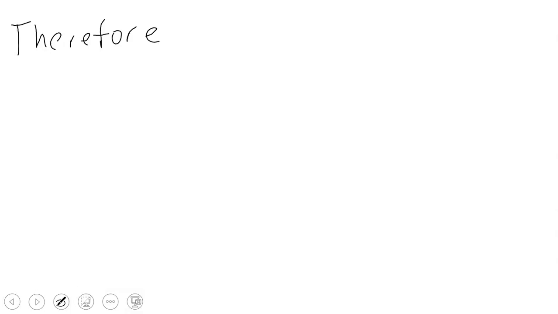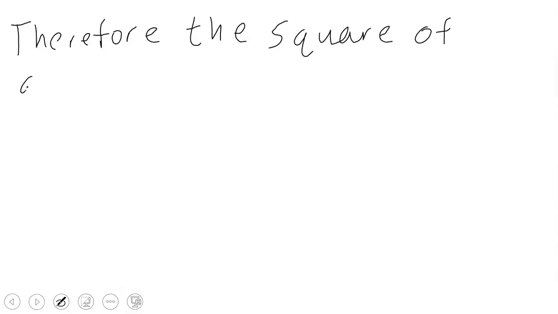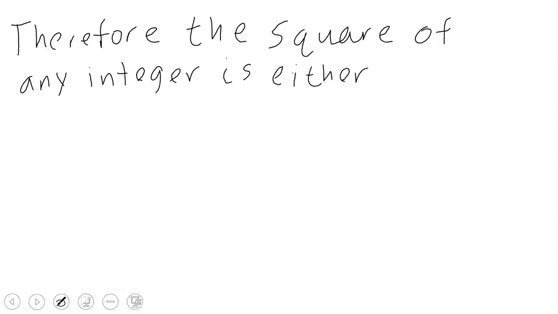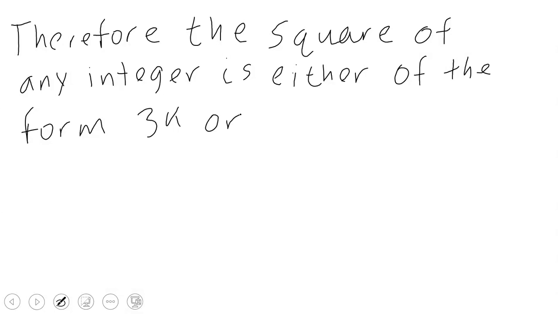So therefore, we can say that the square of any integer is either of the form 3k or 3k plus 1.